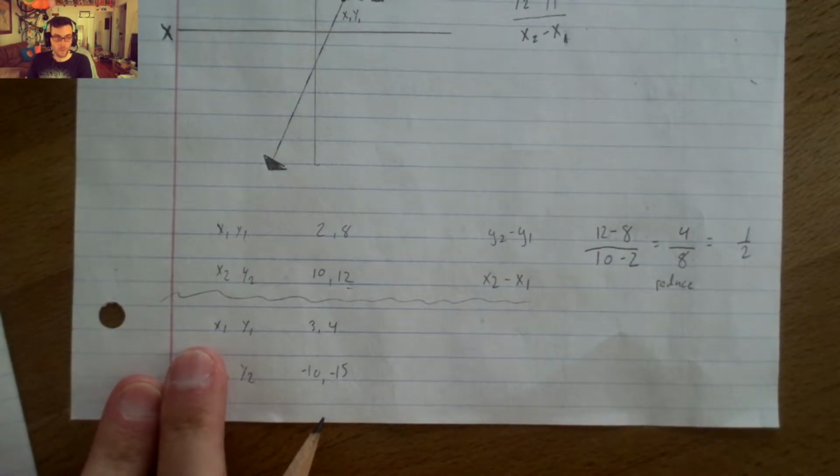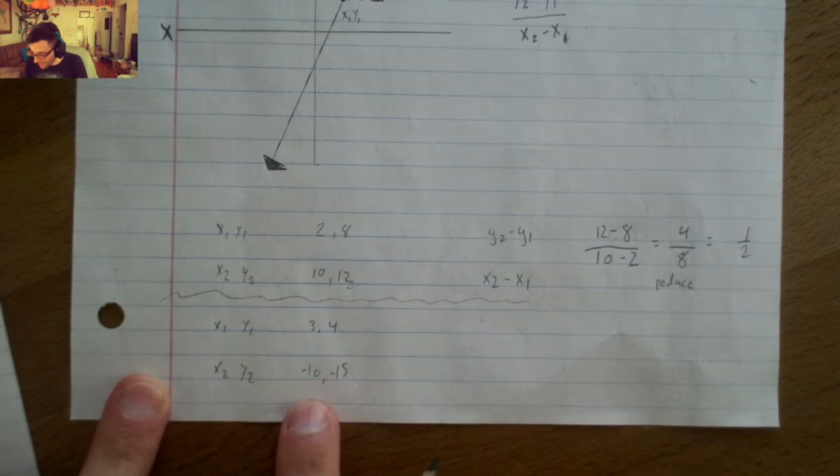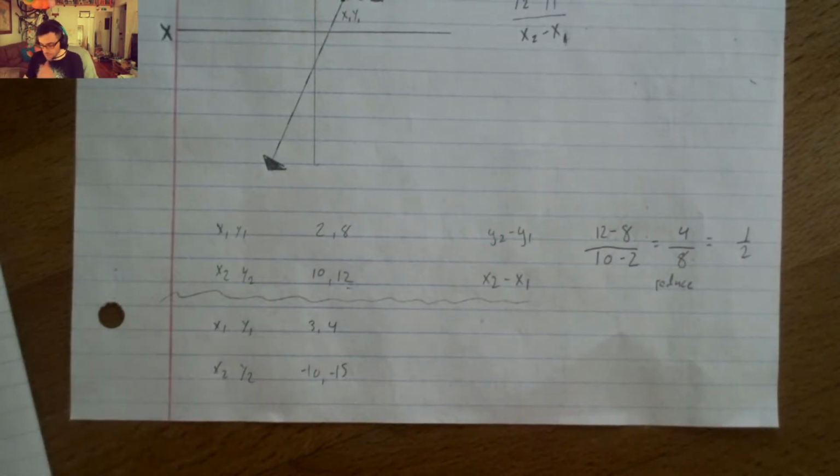Let's take a look at our next piece here. On the bottom, our second example, we have 3, 4 and point -10, -15.